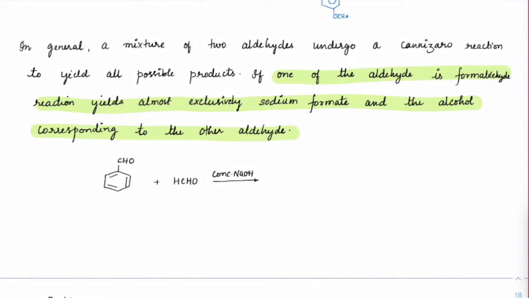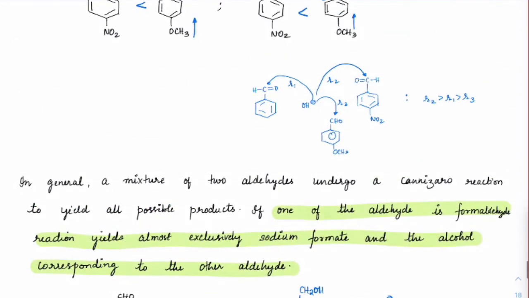Exclusively we will get CH2OH plus HCO minus only in the case of formaldehyde. In other cases, a mixture of two aldehydes undergoing Cannizzaro reaction generally gives all possible products. But only in the case of formaldehyde, the other products' quantity would be so small that we can ignore it. Okay. Right.